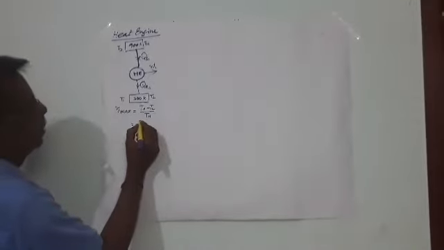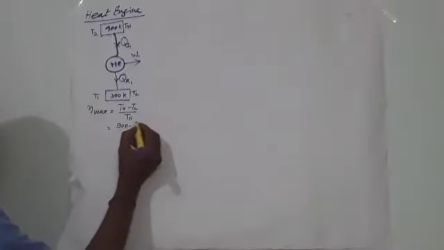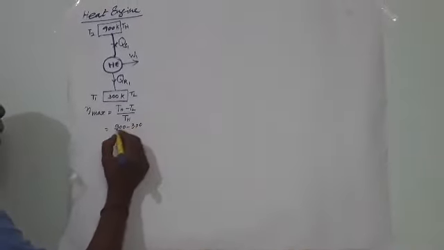So this is equal to (900 minus 300) divided by 900. If you calculate the value, you get nearly 0.66. So this is the maximum efficiency, or Carnot efficiency, of the heat engine.